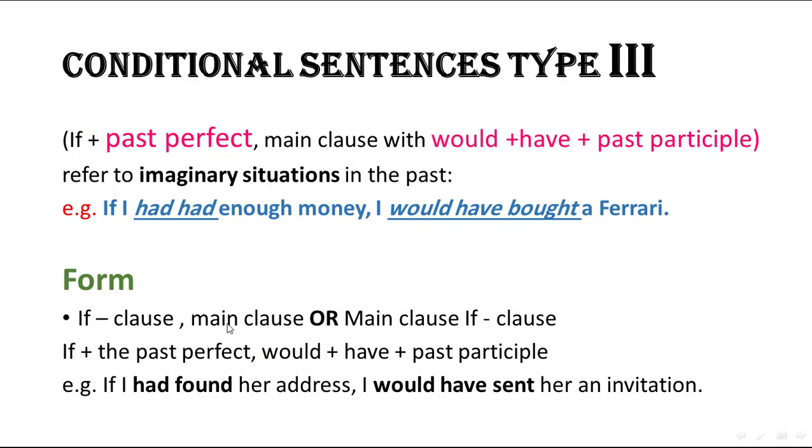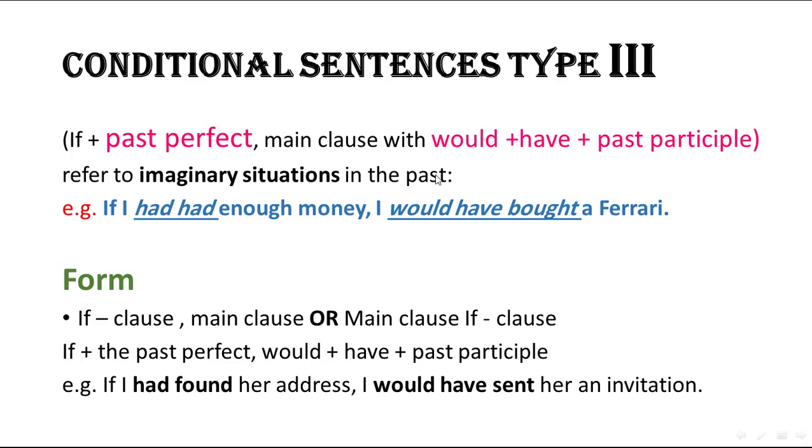Let's now move to discuss conditional sentences type 3. In type 3, we have past perfect, not past simple. So, the main clause will contain the past perfect, not the past simple, as we have just seen in conditional sentences type 2.